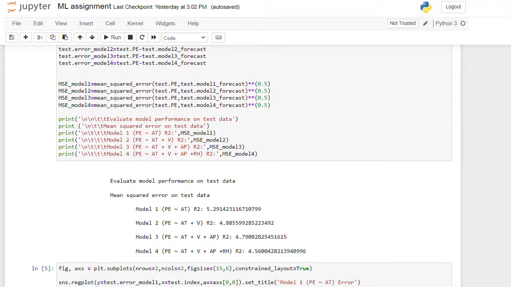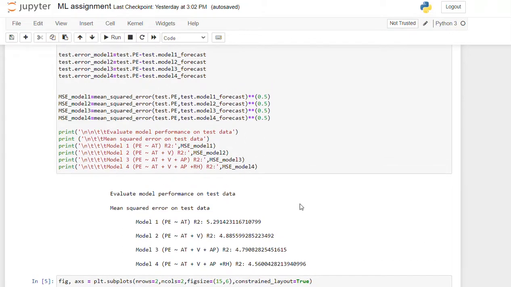Here we are looking at mean squared error, which is the square of difference between predicted and actual values in the test data set when these models are applied on the testing data set, which is those 10% of observations that were left over.